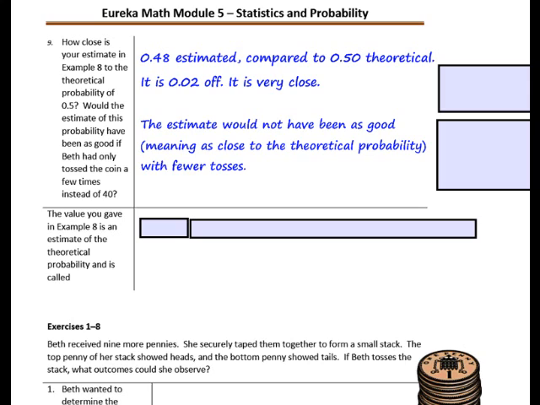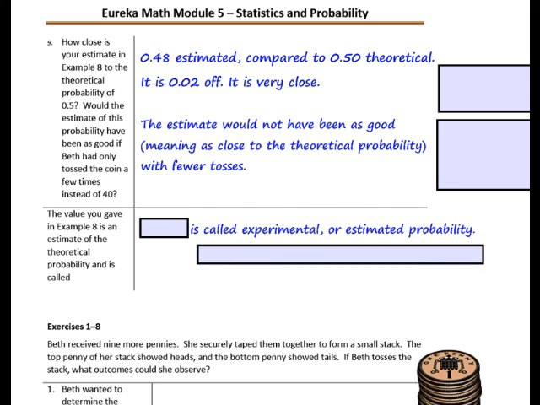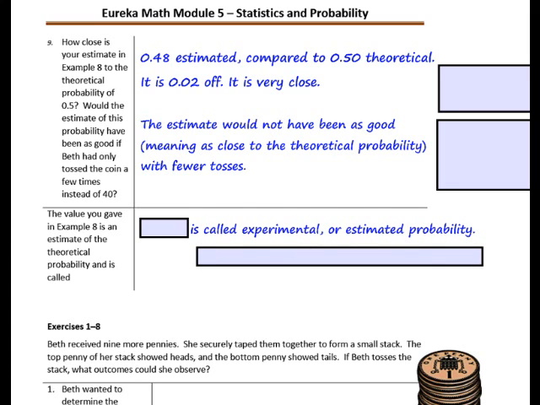The value you gave in question 8 is an estimate of the theoretical probability and is called experimental or estimated probability. So the value I gave was 0.48, and that is called the experimental or estimated probability. That is the probability based on the experiment.